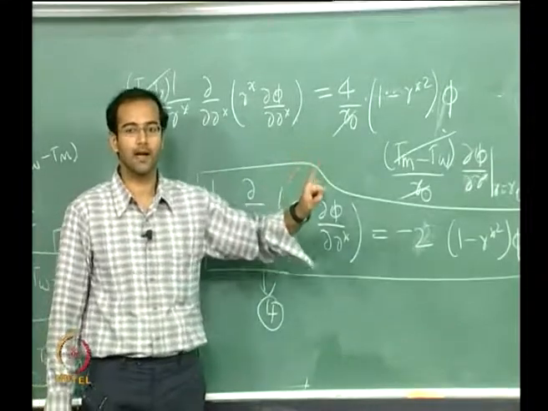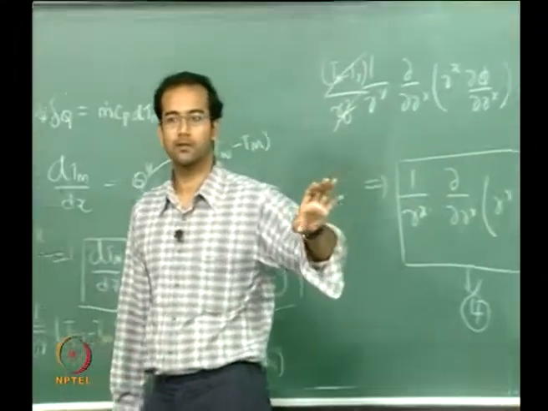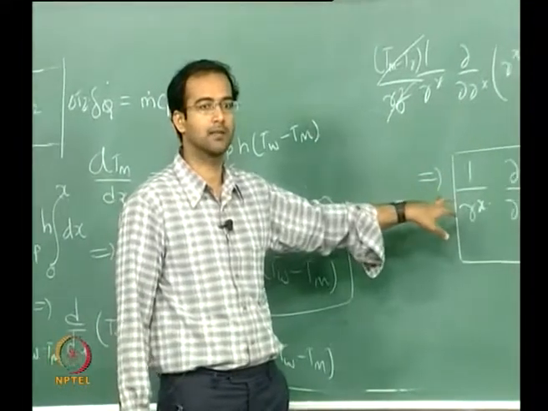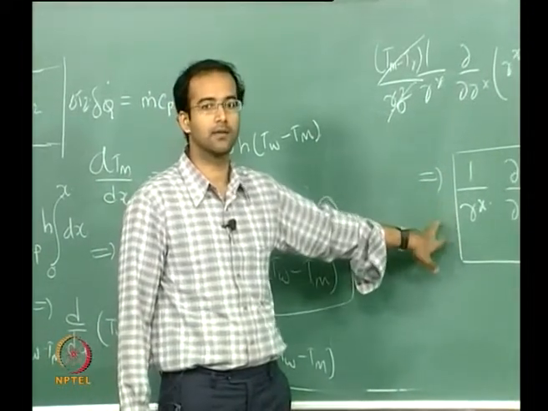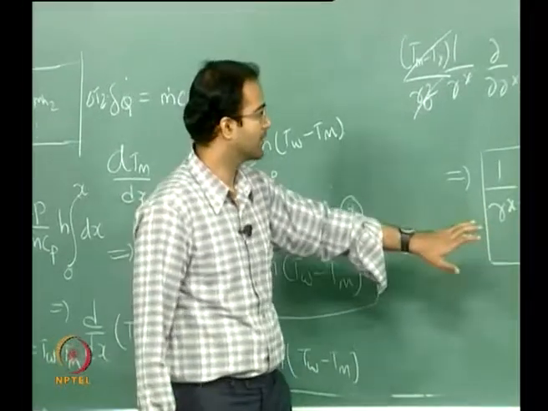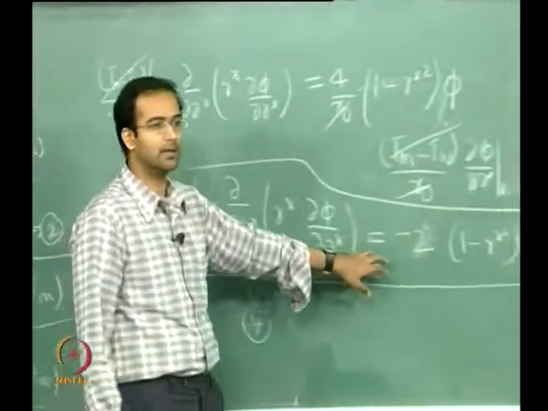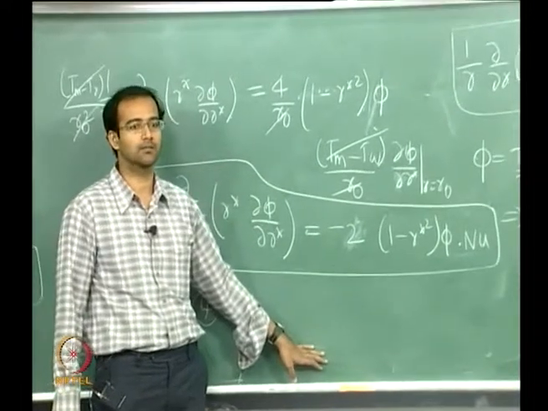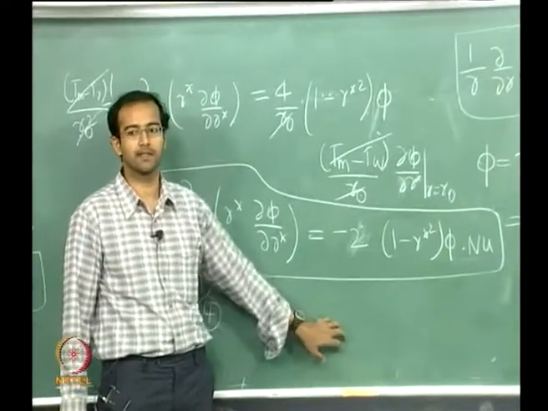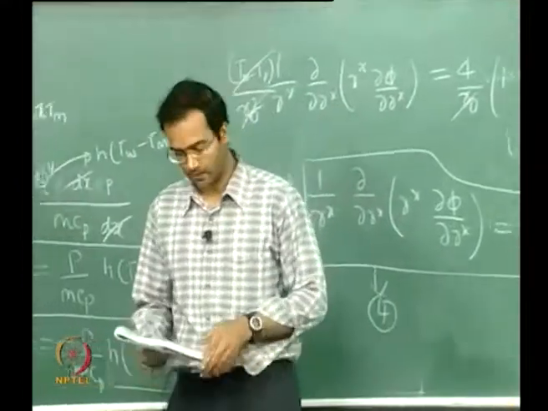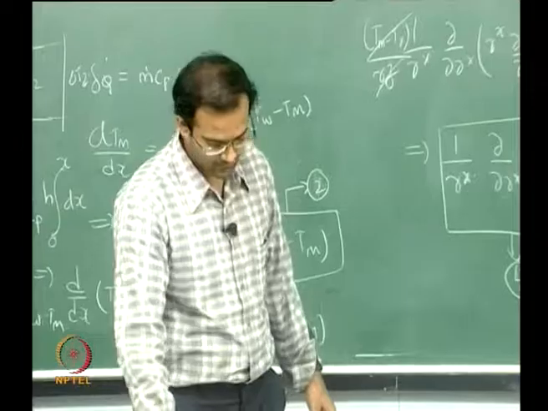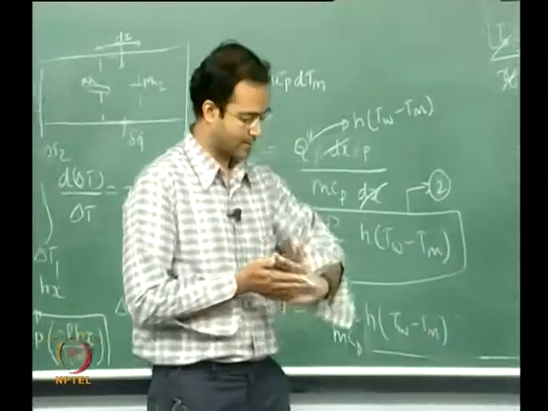Earlier I had a partial differential equation, and now I have reduced it by manipulation and non-dimensionalization to an ODE in r, which is of course a higher order ODE. I can break it up into two first order ODEs and use the shooting method. We will see that in the next class. I will just give a summary of the shooting method, which you are already used to, to solve this equation.